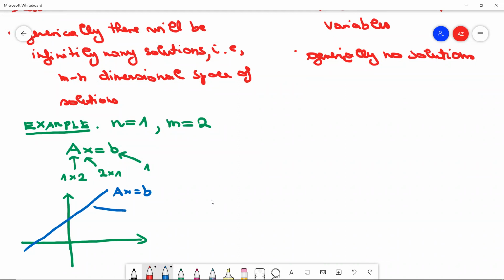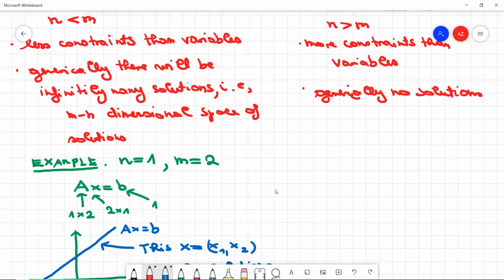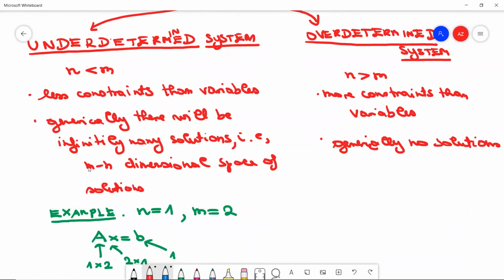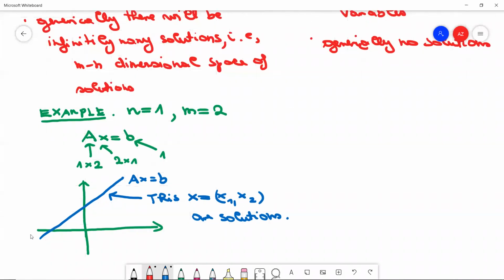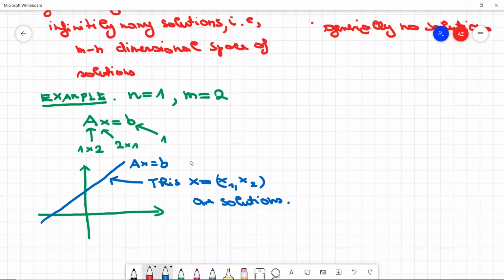These X's, which are in fact pairs X1, X2, are our solutions. And indeed, we have a one-dimensional set of solutions because we have m is 2, n is 1. We expect a one-dimensional space of solutions, and it really is. So this blue line is the one-dimensional space of all solutions.